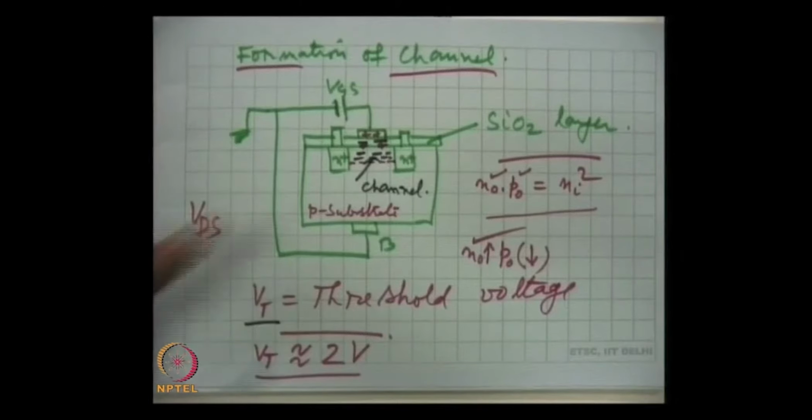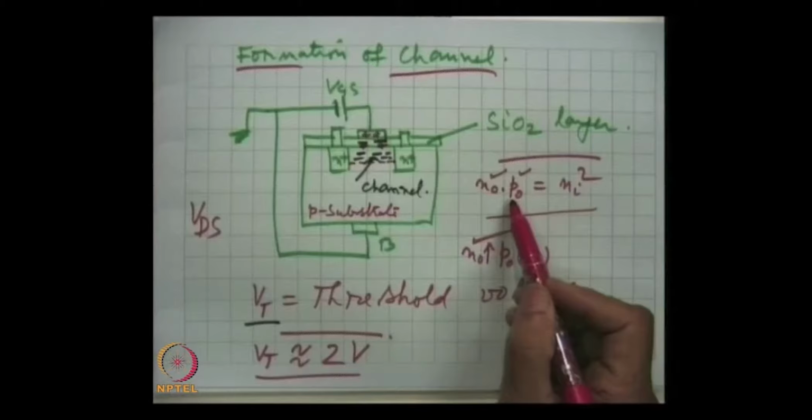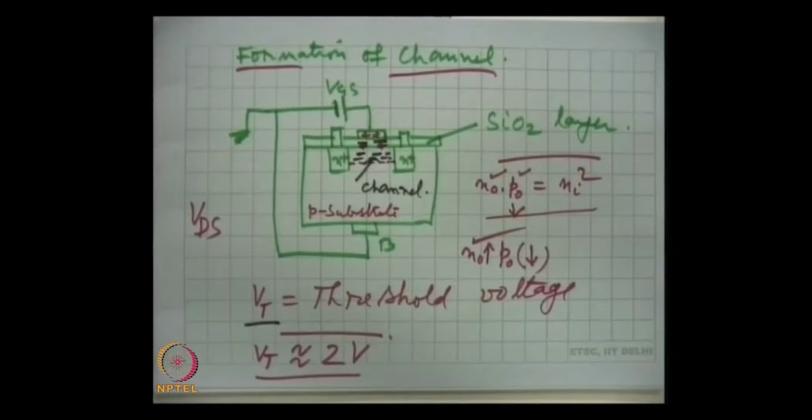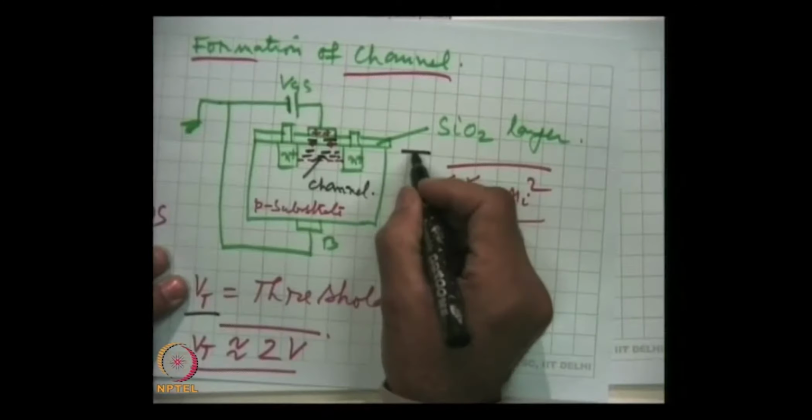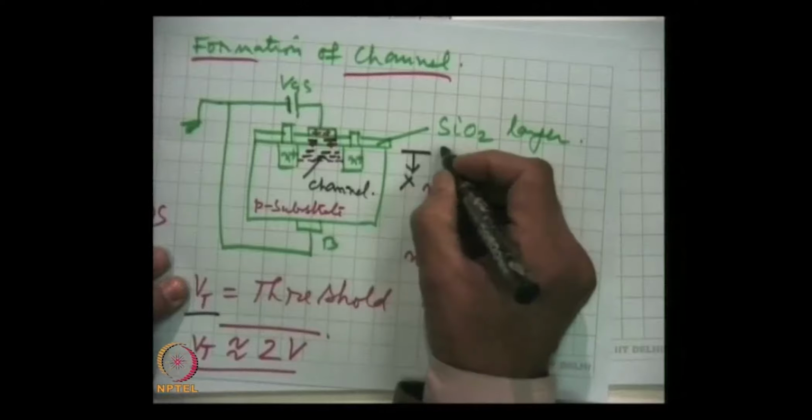Let me elaborate on this point, how initially a depletion region is created, because this fall in hole density is like creating a depletion. Therefore, if I plot this, this is the surface and in this direction we take x.